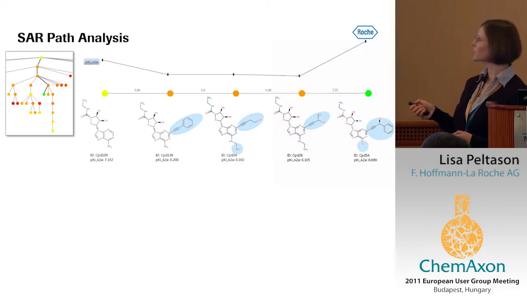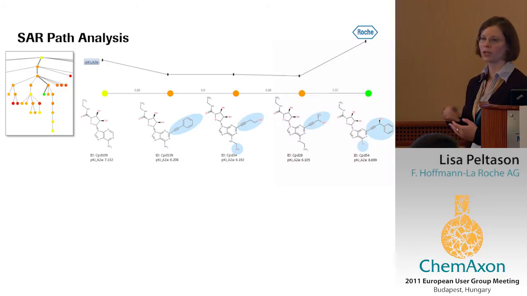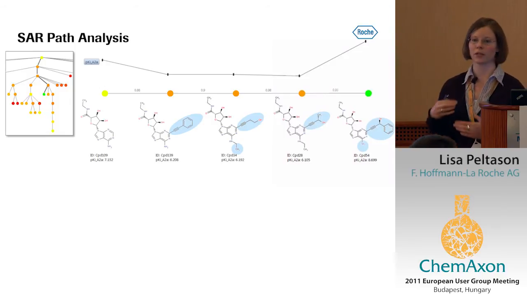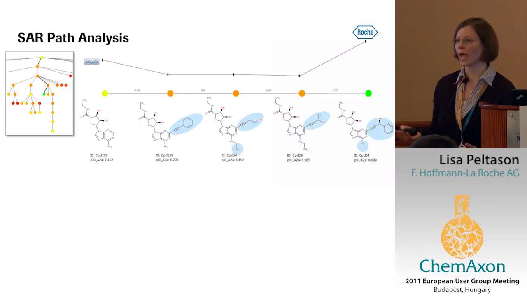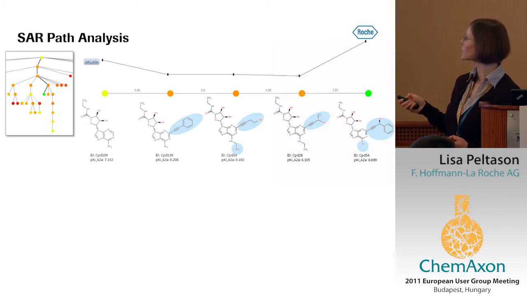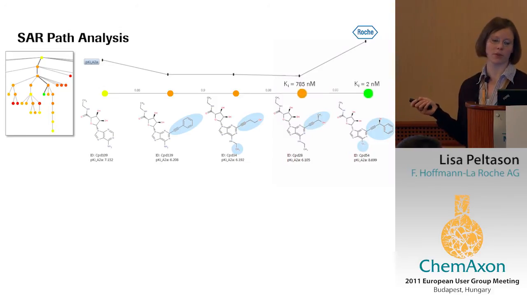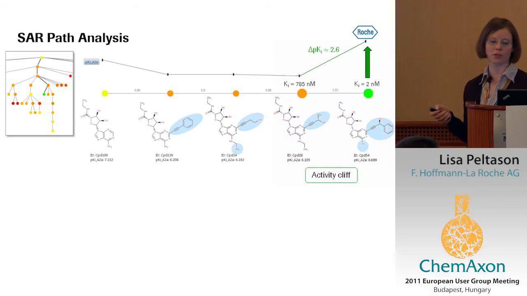And here again, we can see the first 4 molecules are the same as before. Now we have this molecule where actually 2 modifications have been introduced that have really a good impact on the potency. So we have here a really good potency increase. Actually, we can see that potency is increased by more than 2.5 orders of magnitude.